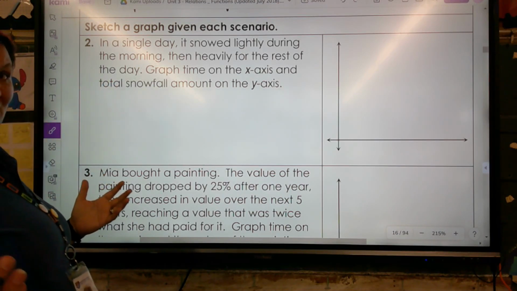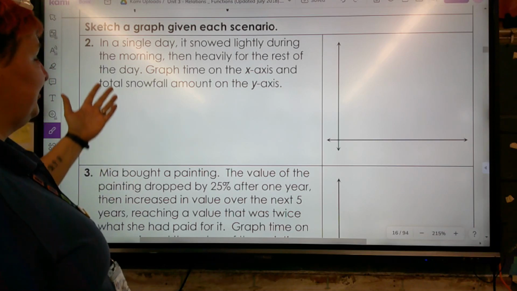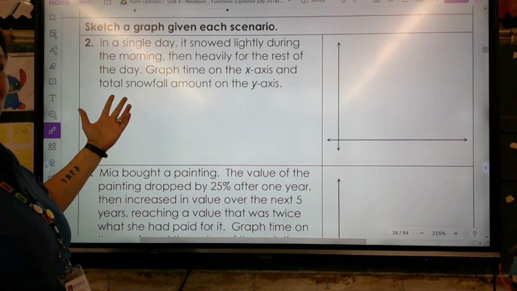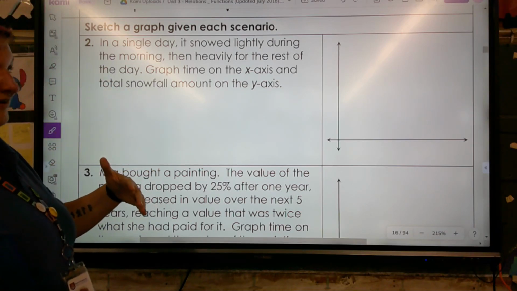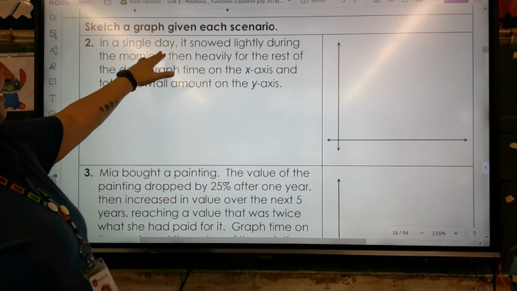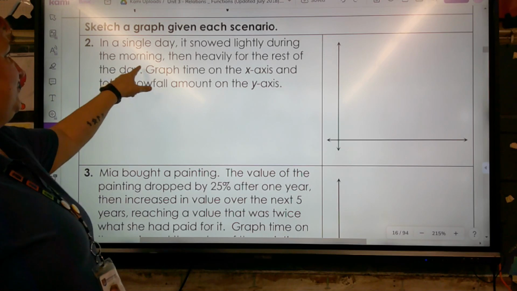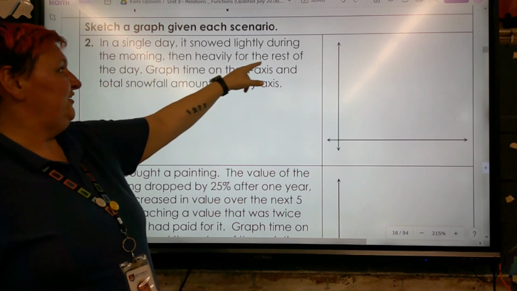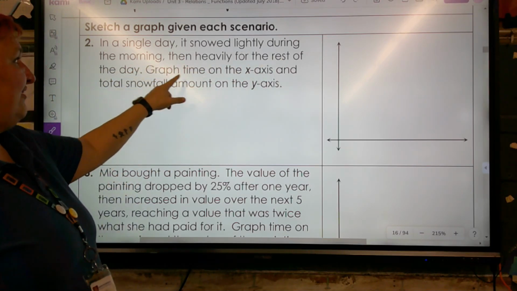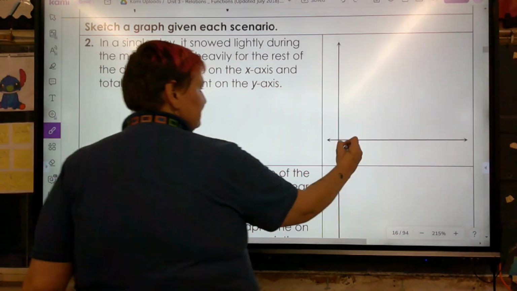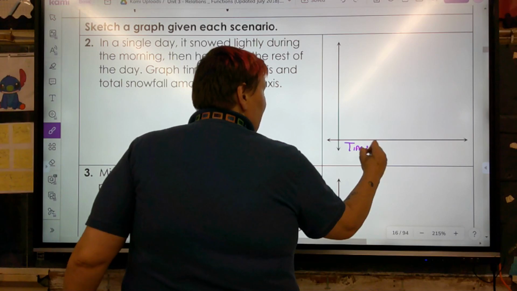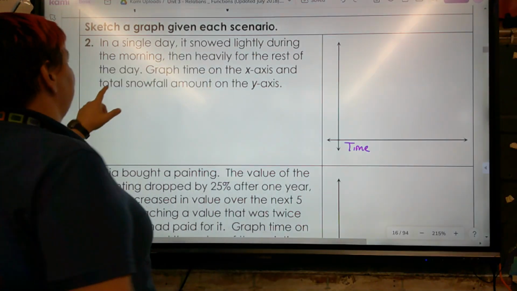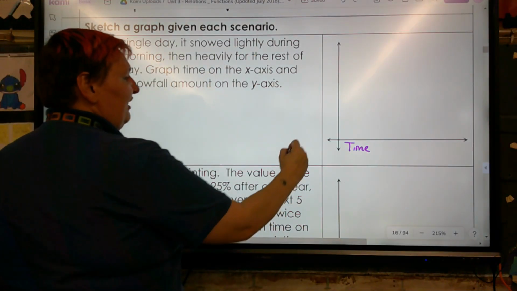The first one was to describe it. So I'm going to read you the second one, but you're going to try to fill it in. In a single day, it snowed lightly during the morning, then heavily for the rest of the day. Graph time on the x-axis and total snowfall amount.